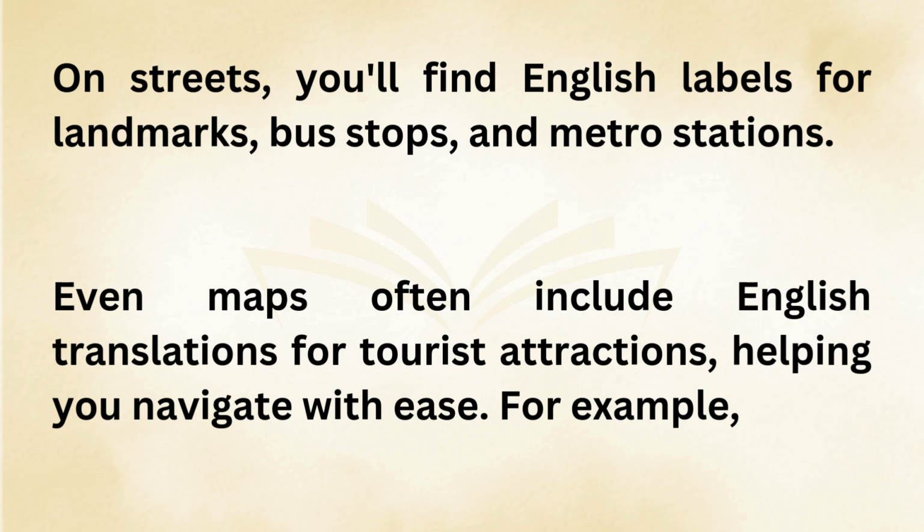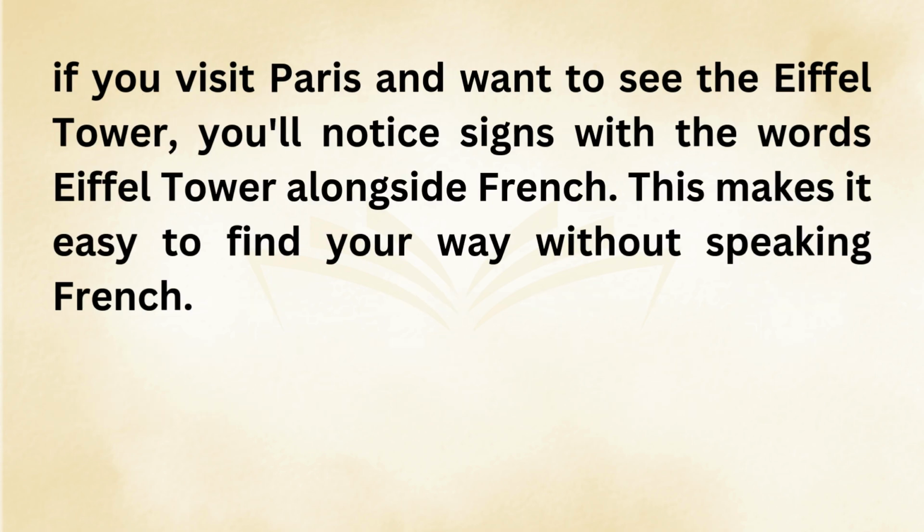Even maps often include English translations for tourist attractions, helping you navigate with ease. For example, if you visit Paris and want to see the Eiffel Tower, you'll notice signs with the words Eiffel Tower alongside French. This makes it easy to find your way without speaking French.